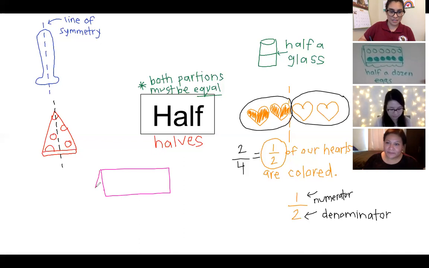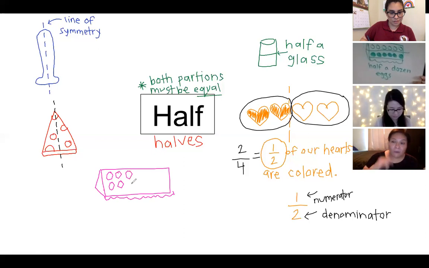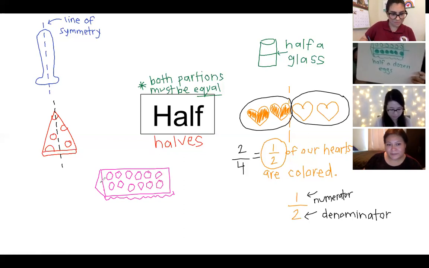And in my egg carton, only half of that carton is filled with eggs. So I made my line of symmetry as best as I could. There are 2 groups of eggs, one at the top and one at the bottom. Okay. So in this case, it's only half filled. The dozen of eggs is only half filled.